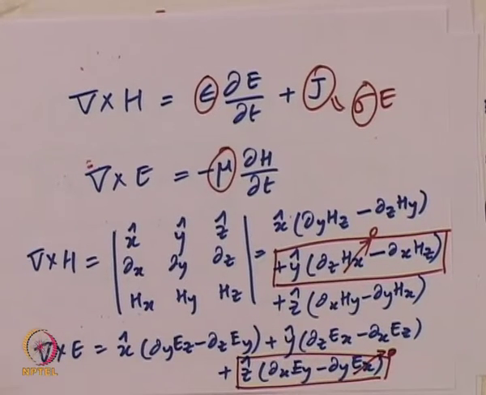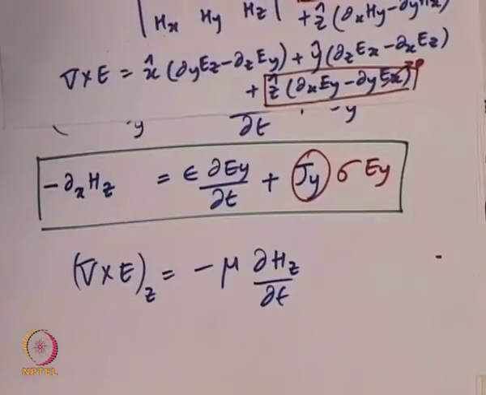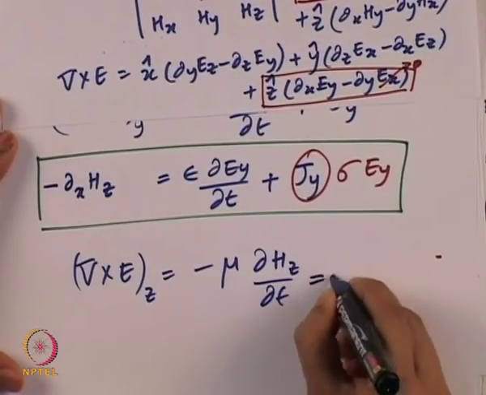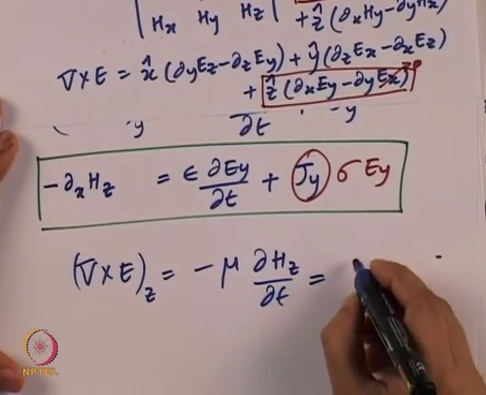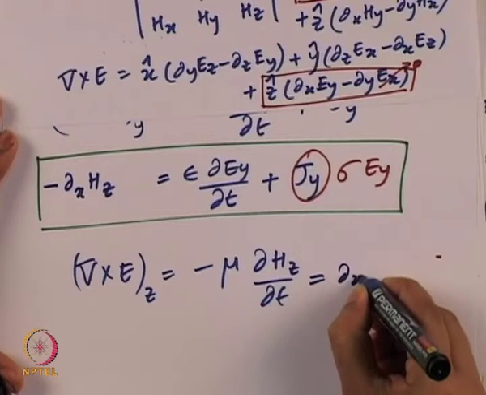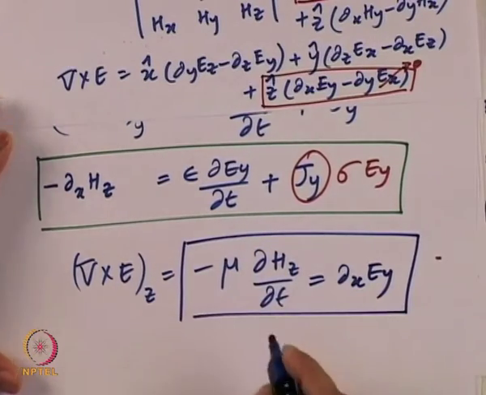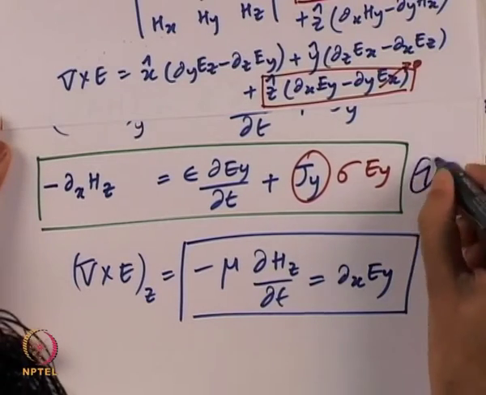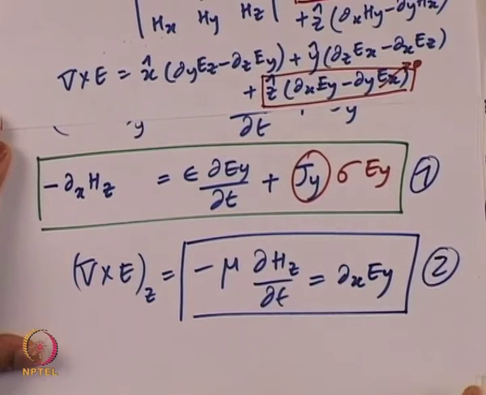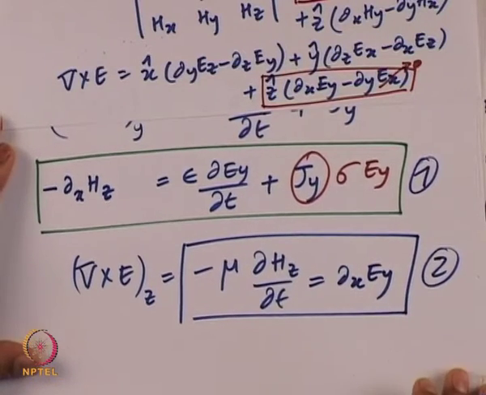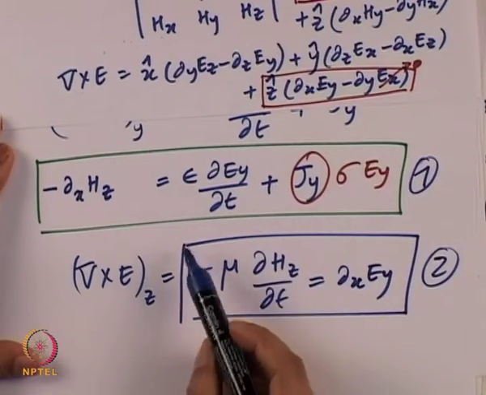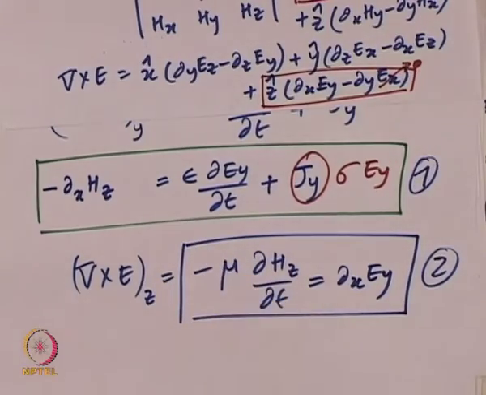So we will have only the first term, which we can write directly into our one dimensional equation, that is equal to dou x Ey. So this is going to be the second equation. This is the first curl equation, this is the second curl equation, and in these two equations you have those important parameters.